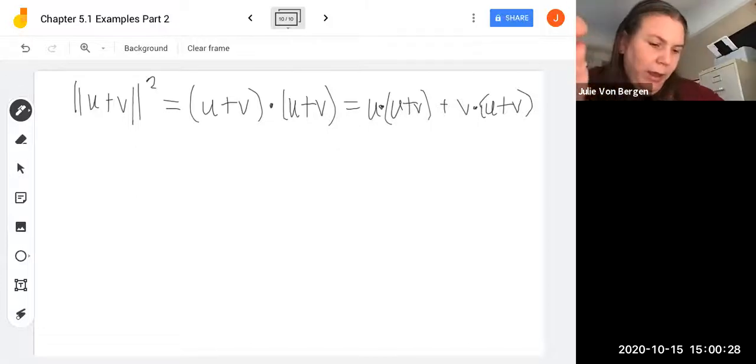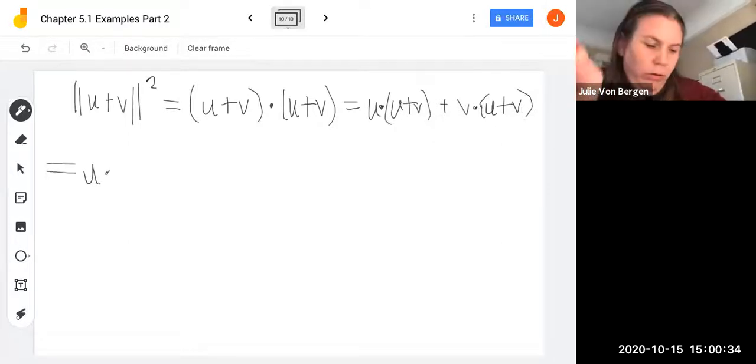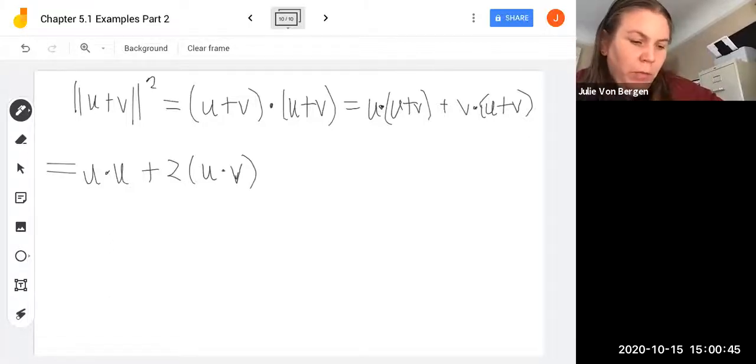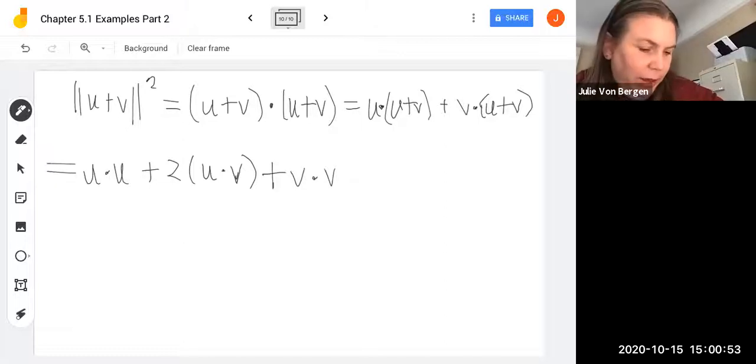And now I can separate this out to say, well, this is just u dotted with u plus 2 u dotted with v plus v dotted with v. So you can see if we separate out the terms, we're going to get 2 of the u's dotted with v's added up.